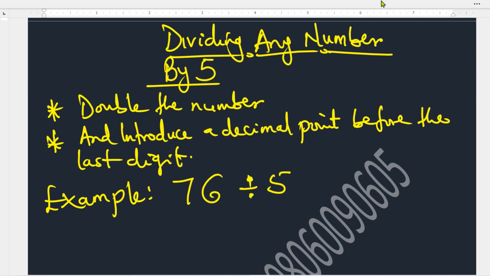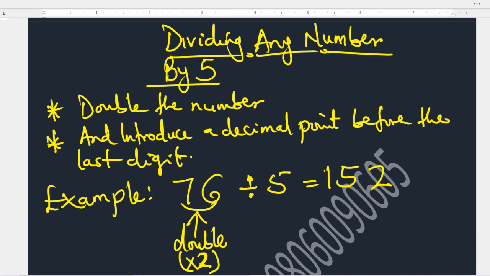So what we need to do is to double 76, okay? What do we mean by doubling? It means multiplying by 2. Doubling means multiplying by 2. That's times 2. So 76 times 2 is equal to 152.